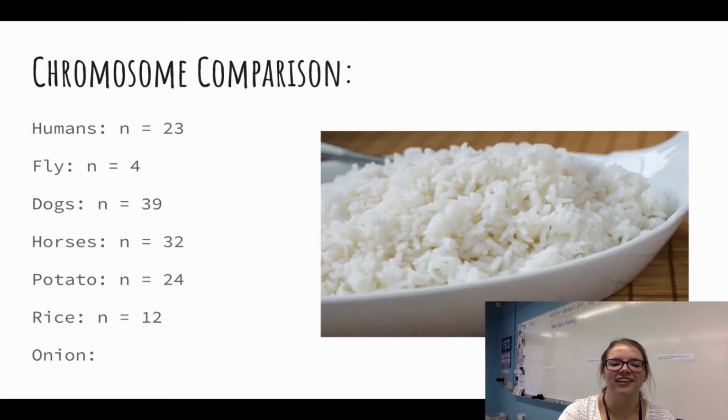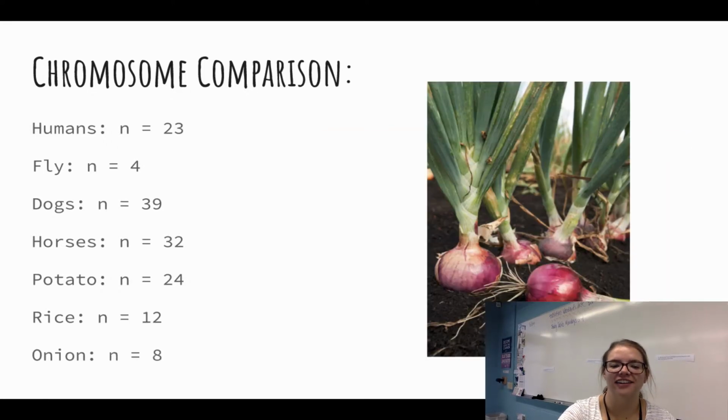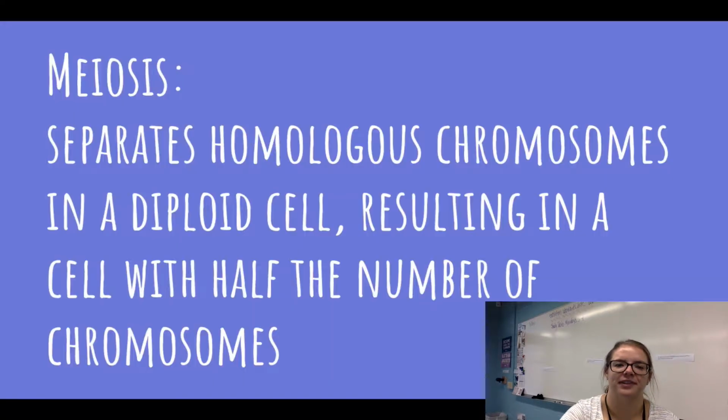Rice has 12. And onions have 8. So you can see that chromosome number doesn't really mean much. I think we would all agree that a potato is not more complex than humans, but it has more chromosomes than us. So chromosome number does not tell you anything about complexity or intelligence. Just keep that in mind.